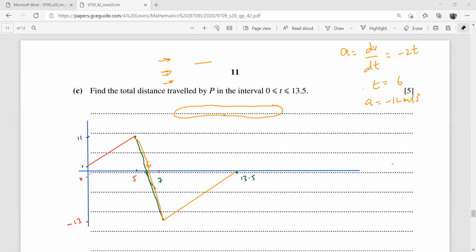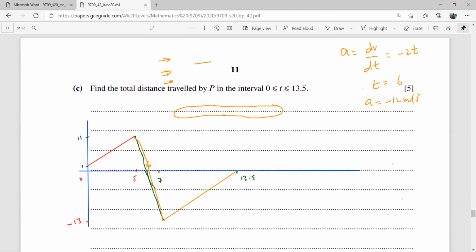And then there are the lines from 0 to 5, and then again from 7 to 13.5. We can find the area under these lines through the area of a triangle and the trapezium. But for this 5 to 7, we have to use integration over here. Okay, so let's find these areas then.